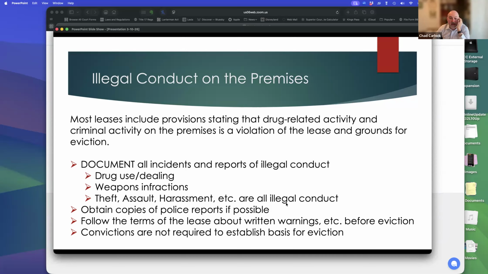It's not required to establish that someone's actually arrested, prosecuted, and convicted of criminal activity in order to evict them for criminal activity.